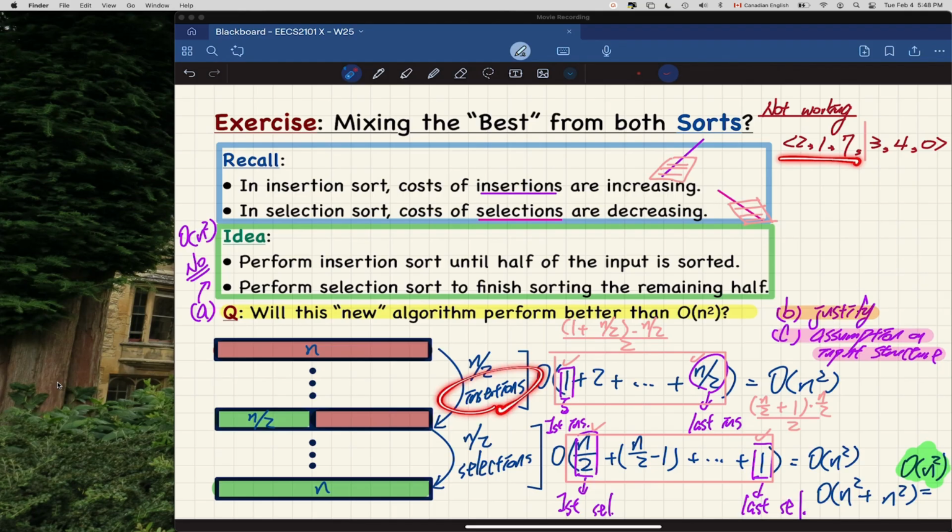What's going to be after the first 3 steps of insertion? This part of the array will be sorted, which will be 1, 2, 7. Agree? So after the 3 insertions, that gives me 1, 2, 7. That part is sorted, and then 3, 4, 0 remain the same.